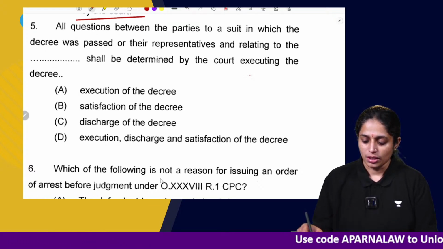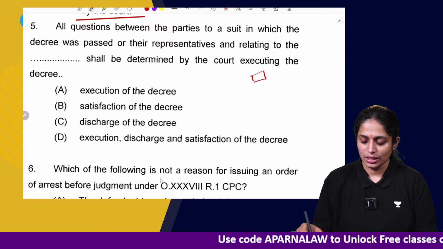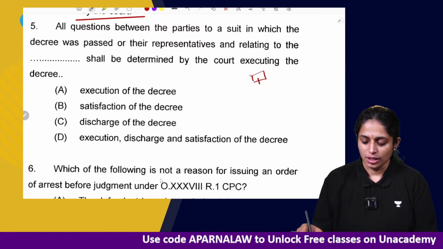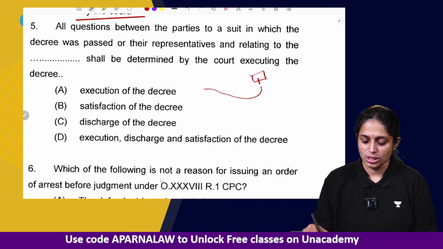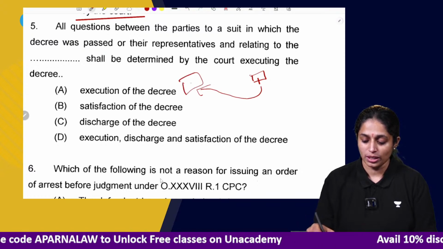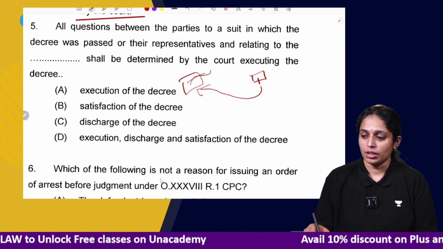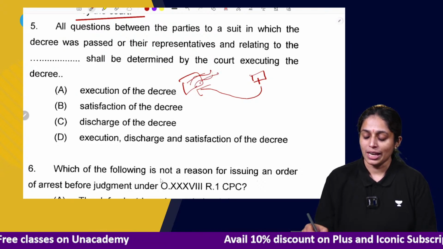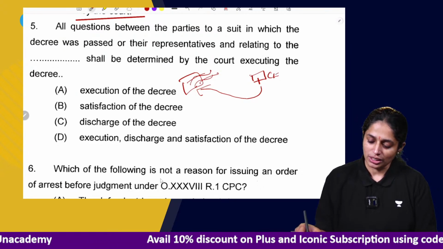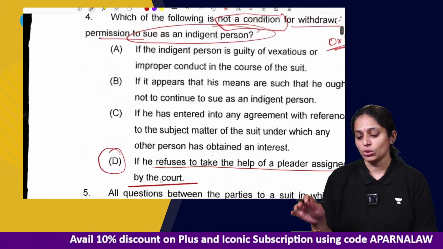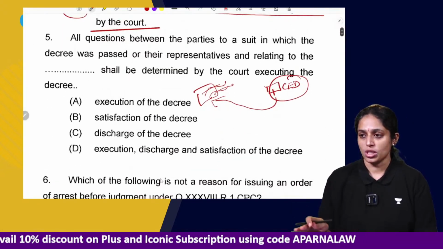Because the court executing the decree cannot refer some questions back to the original court, where it would have to again refer different questions. Rather than that, the court executing the decree itself can decide certain questions. So what are such questions?